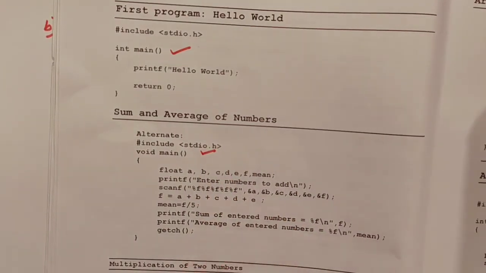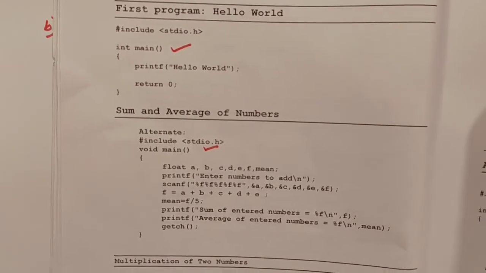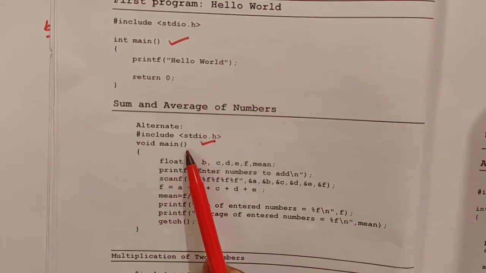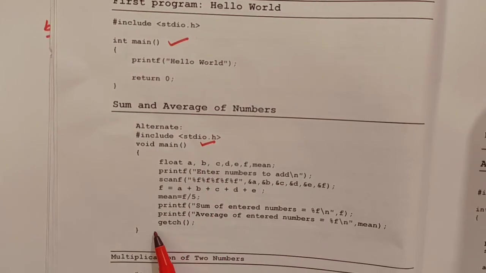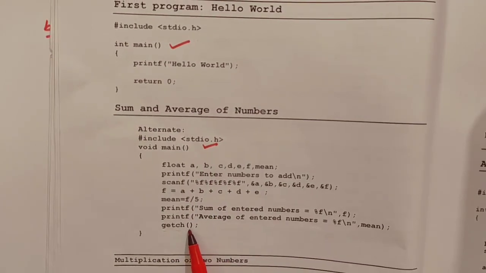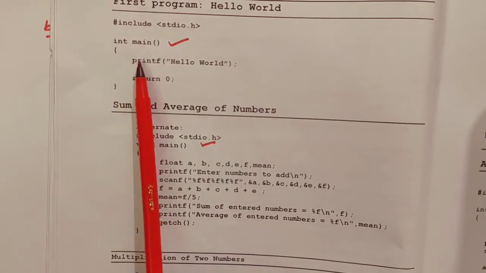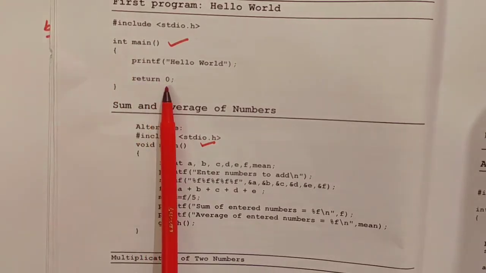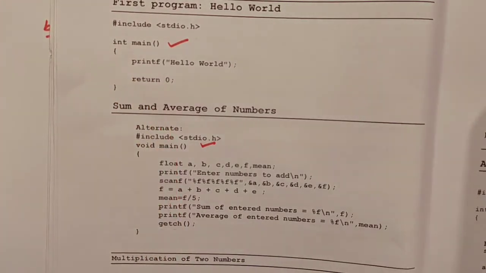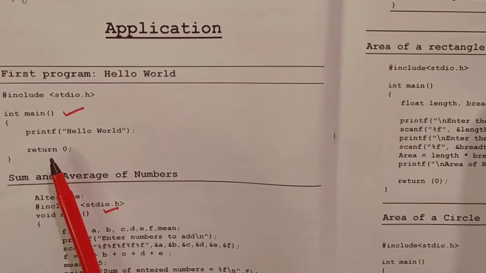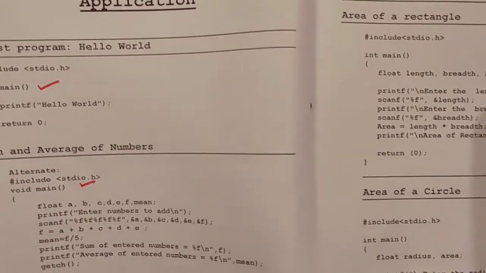Both are simple of course, but here you can see void main is terminated by this getch, but when you are using int main, there is return 0. So this is the basic difference. Either return 0 or you may not write anything, and it will run.